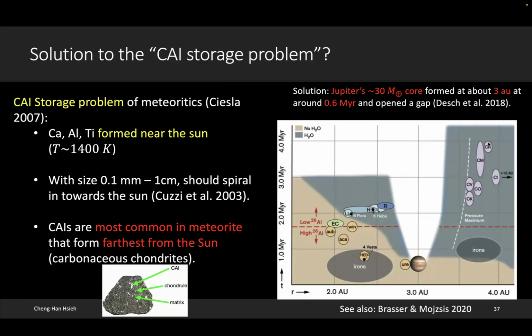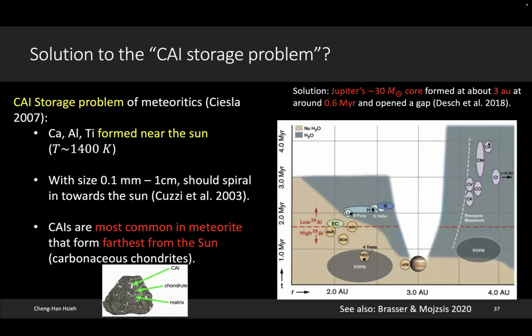In addition to the onset of planet formation, it is a possible solution for the CAI storage problem in our solar system. The CAI storage problem of meteorites is a well-known problem for the solar system community. So the problem is this. The calcium-aluminum-rich inclusions formed near the Sun at temperatures around 1,400 Kelvin.